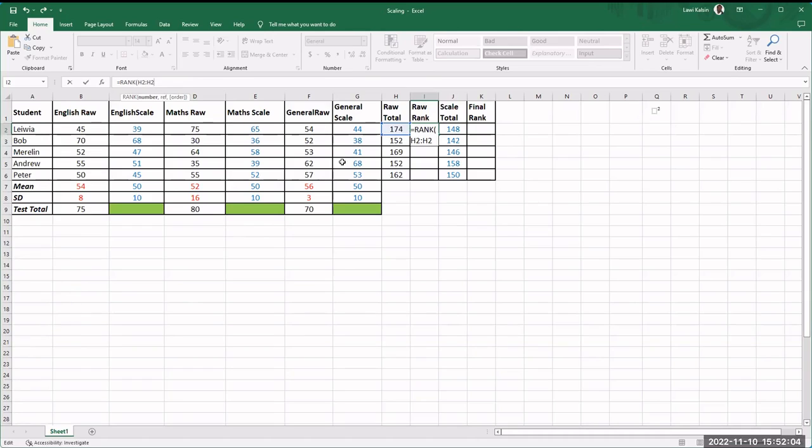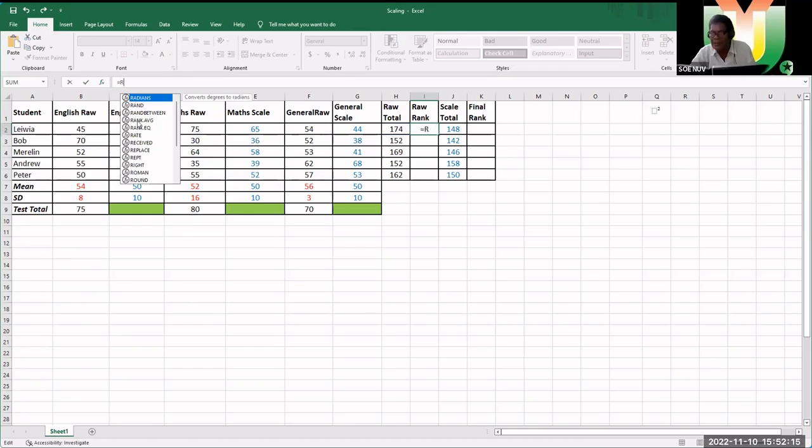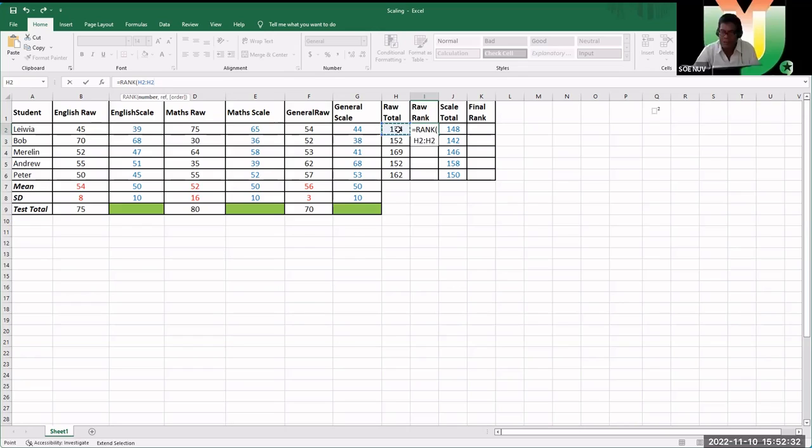So you click the H2 two times. Yes. But you put equal rank, so go to rank, which comes last in this list. Then you click on H2, which is 174, and then you put that full stop sign.